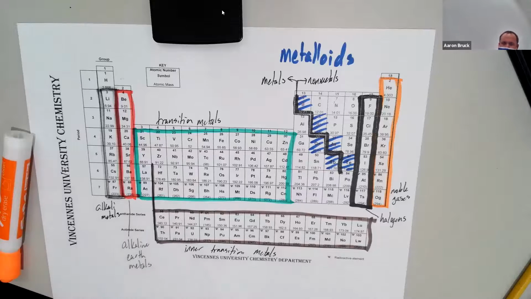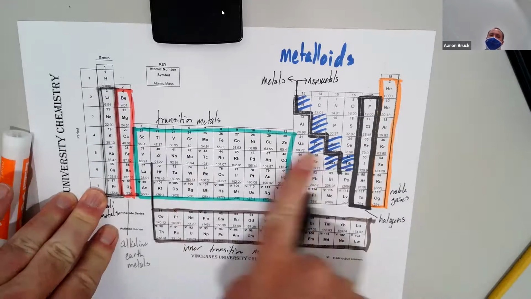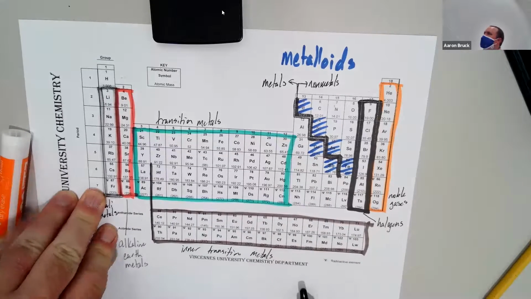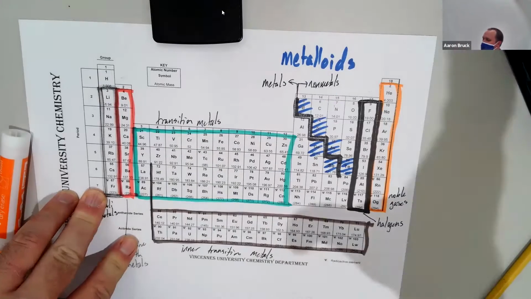One last note that I want to make, and it's regarding charge. We're not going to get too deep into the reasons why yet. But with these groups, because of their position on the periodic table, there are some characteristic charges associated with each family, with each column.